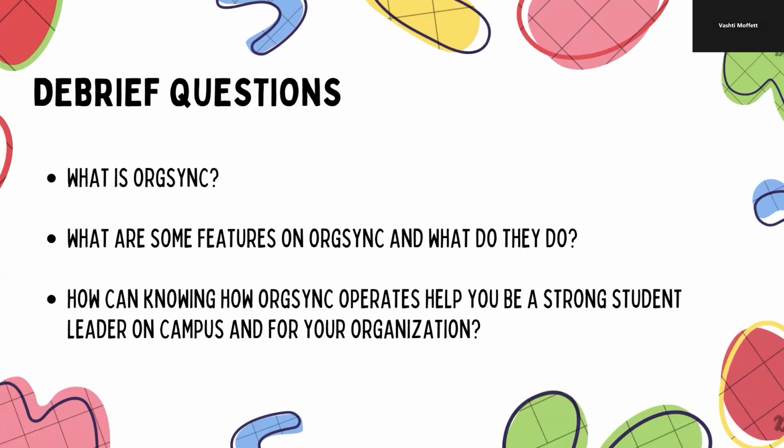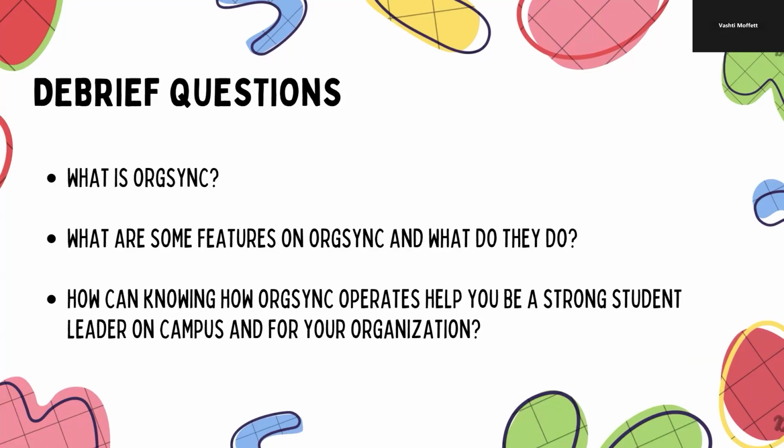And before we close out, let's just do some debrief questions for you to check in with yourself or check in with your peers around you. So number one is, what is OrgSync? Simply, OrgSync is a tool for you to be able to navigate and organize all of your needs for your student organization. What are some features on OrgSync and what do they do?